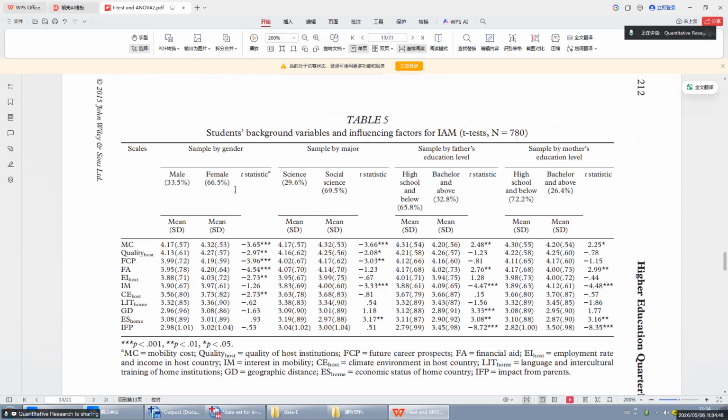So you report mean scores, standard deviations, t-values, and p-values. You make a table summarizing the findings of your independent t-test, and in your text, you can summarize this.